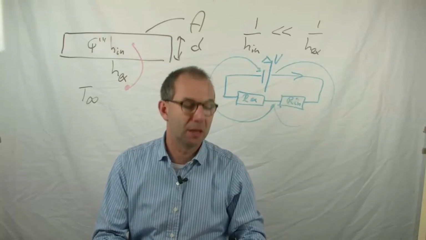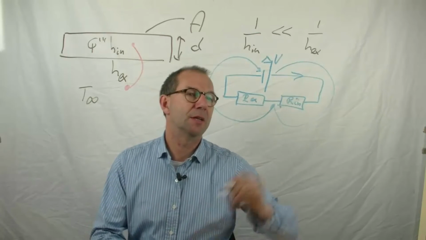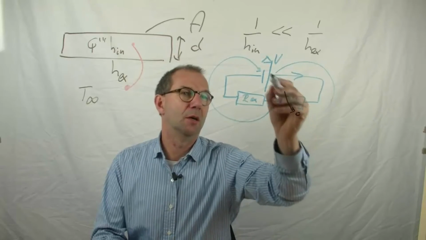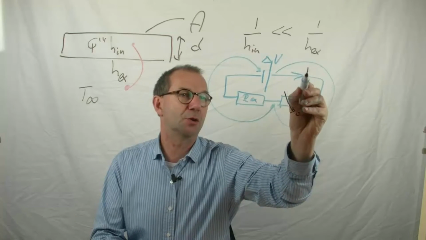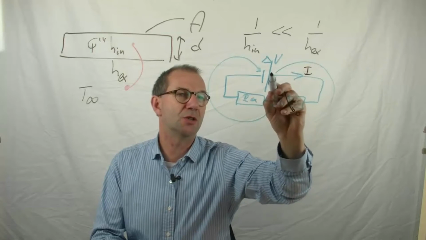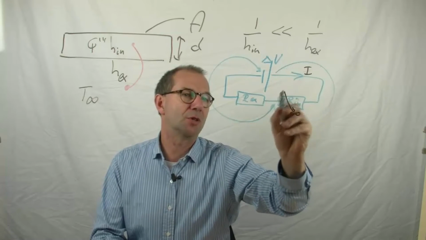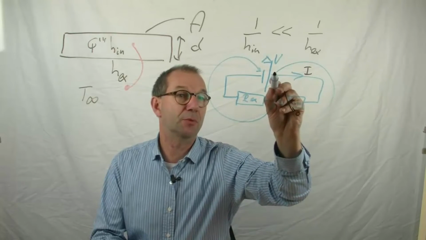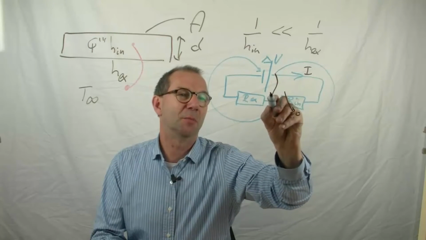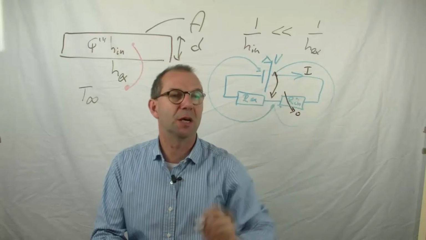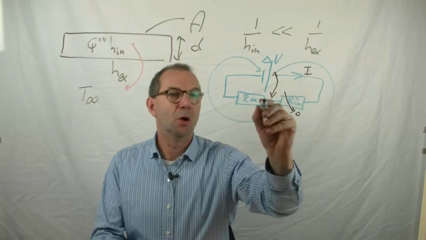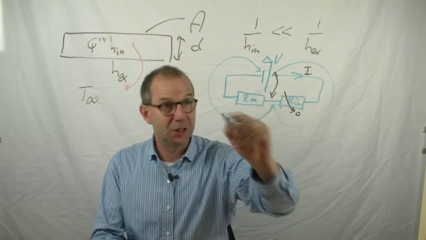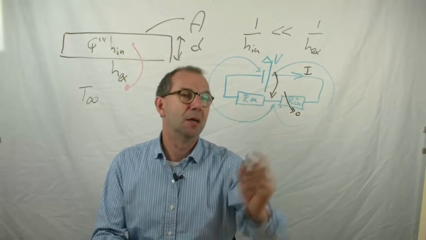Now that it is given that this one is 0 compared to that one, Ohm's law tells you that there is a current flowing, but there is no resistance, so the I times R internal is 0, and thus the potential drop from here to there is next to 0. All drop in potential, the voltage, is over the external one.